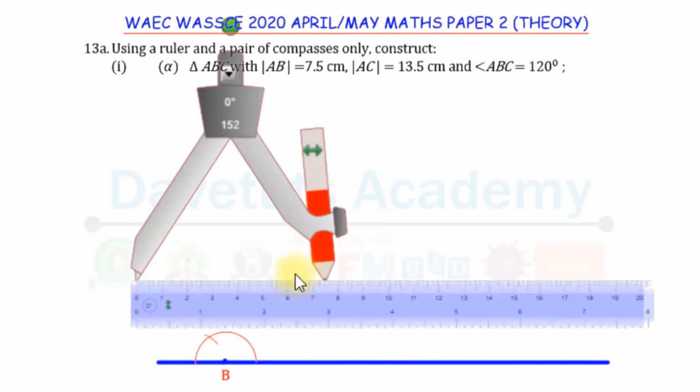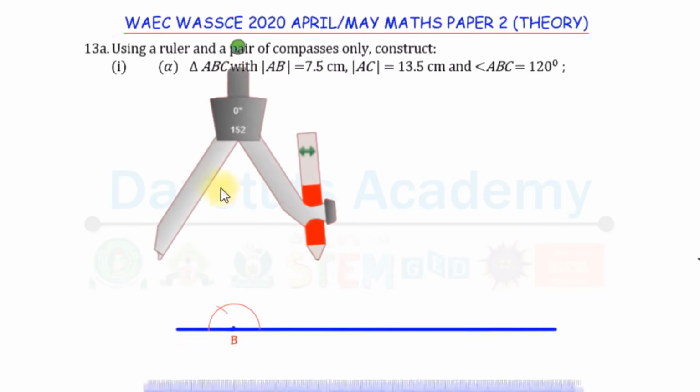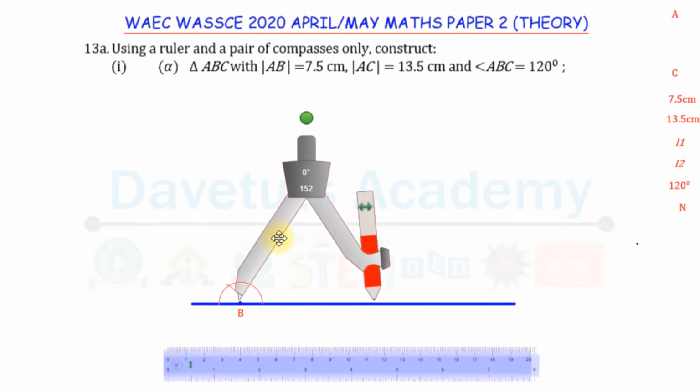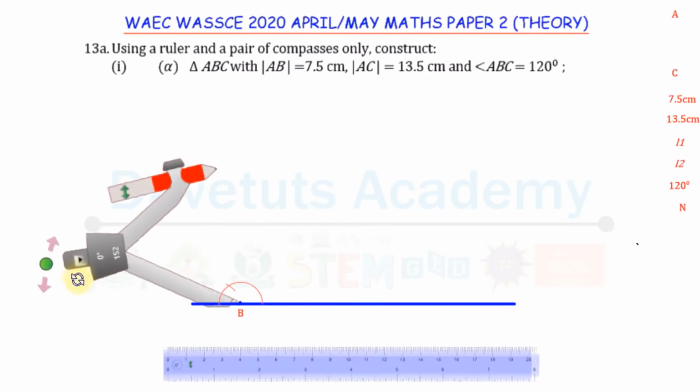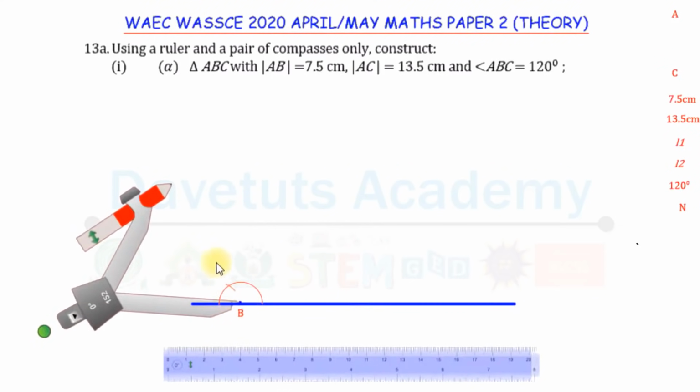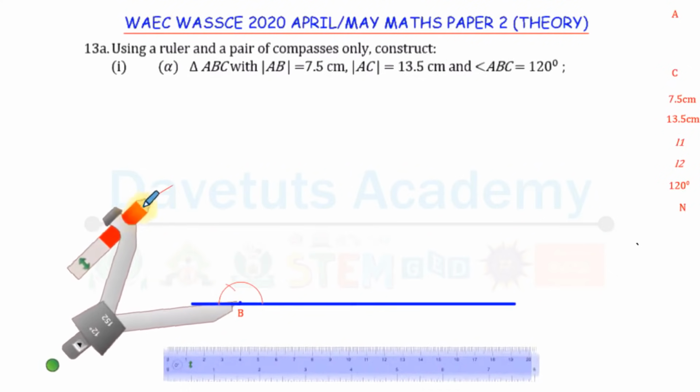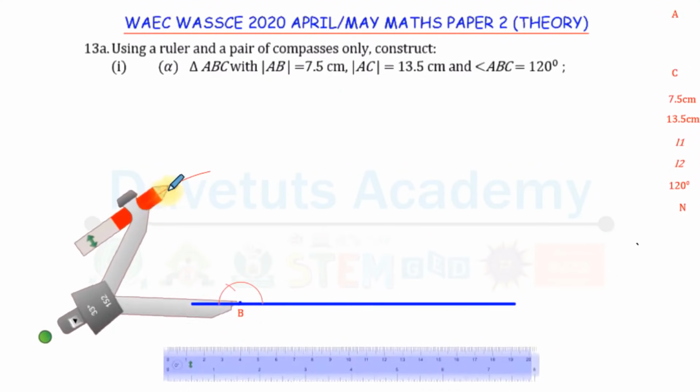So this is 7.5. That is what we are going to use to mark off an arc from B, but it will be linking this particular arc that we have drawn. So if you want to take it, it should go from here to here. We can mark off our point on this arc.